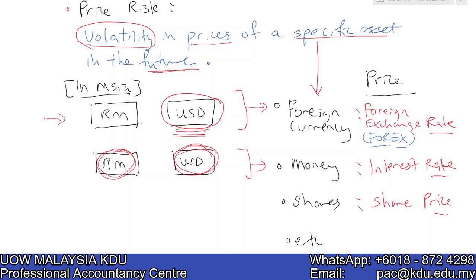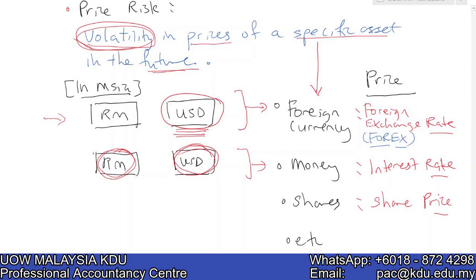Agree? The changes, the fluctuation on all these prices is called volatility in the price, which from a business viewpoint, all this volatility in the prices is giving rise to unknown. If somebody who is running a business is asked, the exchange rate of US dollar today is 4.3 ringgit, how about tomorrow?